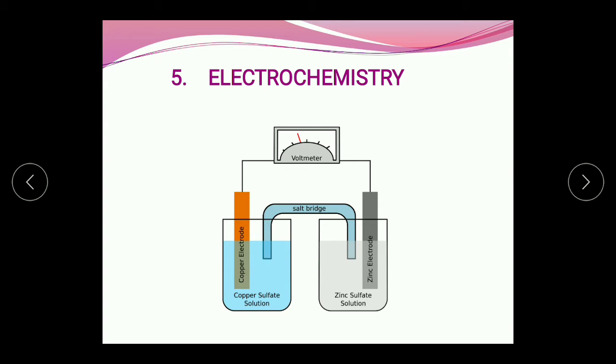Redox reactions are the basis for both types of conversion, and these reactions are carried out in a device called an electrochemical cell. This branch of chemistry deals with design and operation of such cells.